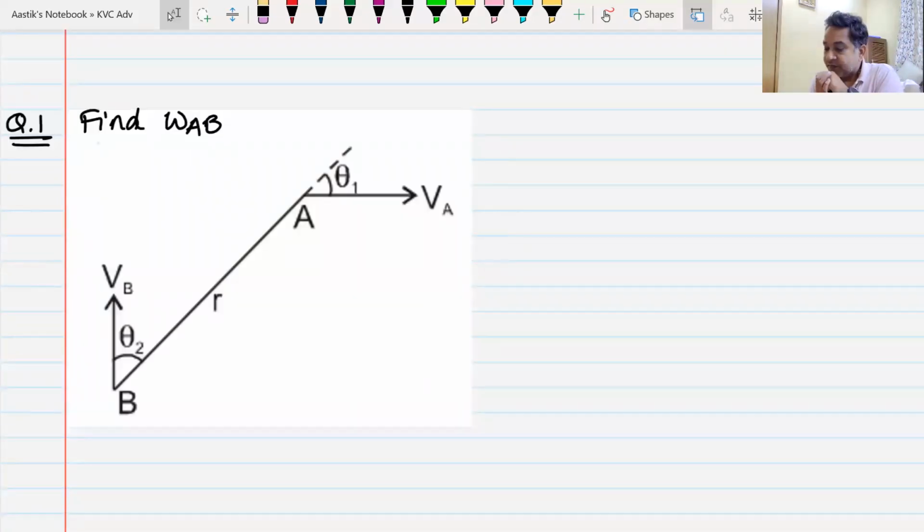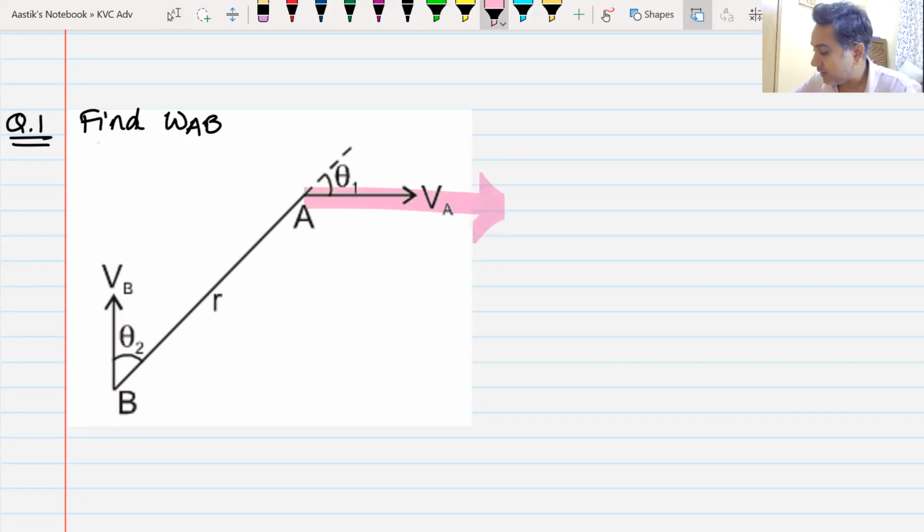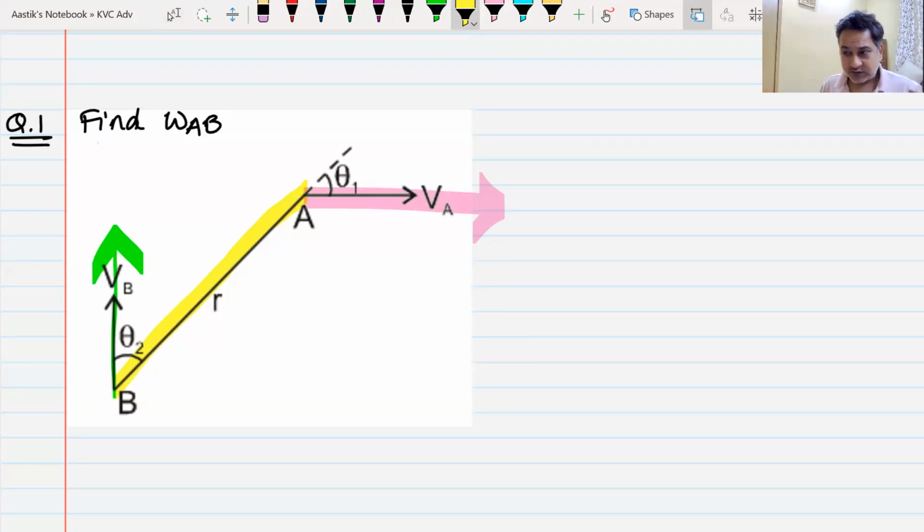Then this question. Find the omega of A with respect to B. A is moving, as you can see here, with a velocity VA. B is moving here with a velocity VB. The distance between the two is given as R. So VA is given to you, VB is given to you, R is given to you, theta 1 and theta 2 are given to you.